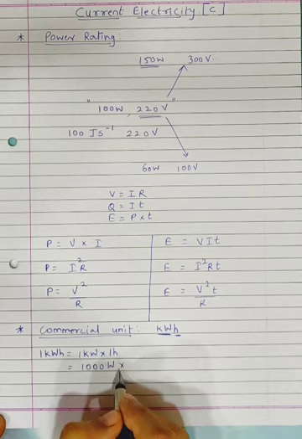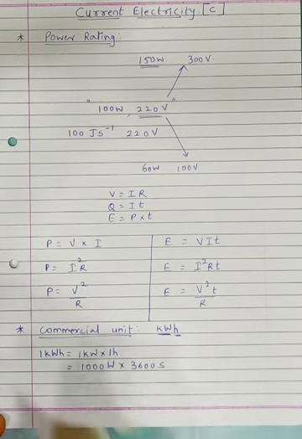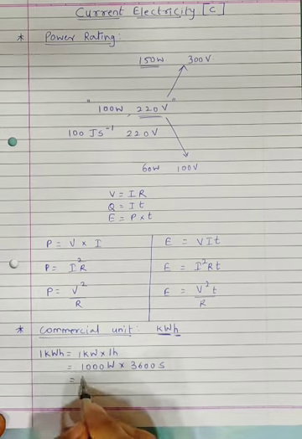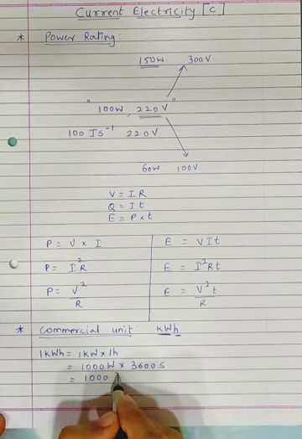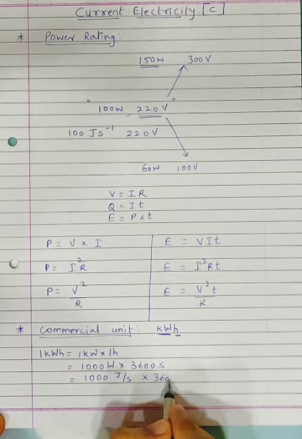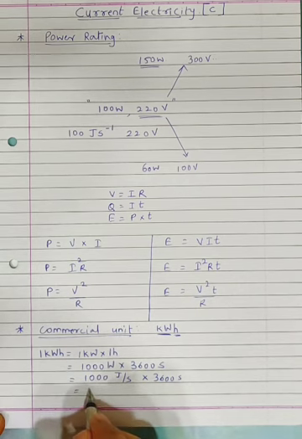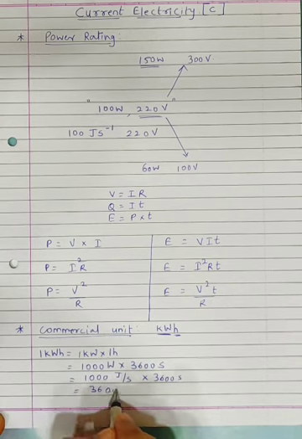And an hour will have how many seconds? 3600 seconds. So when you will multiply, you will get 36 lakh joule. You can cancel second on both. So you'll get 36 lakh joule.